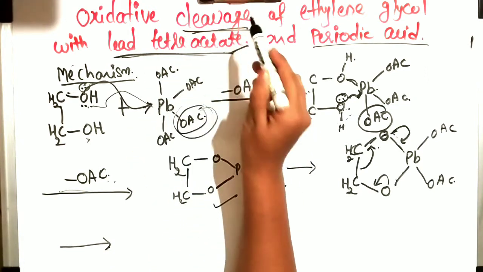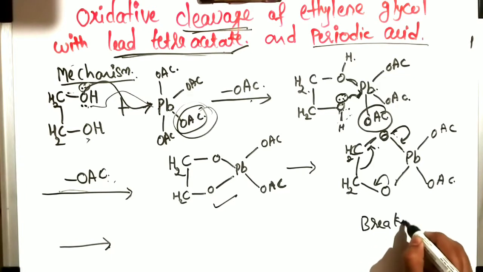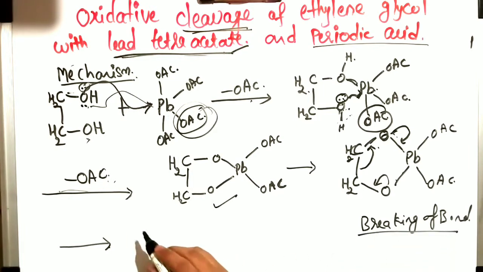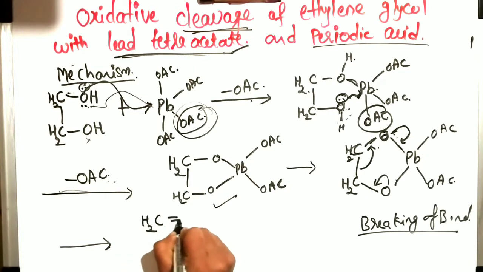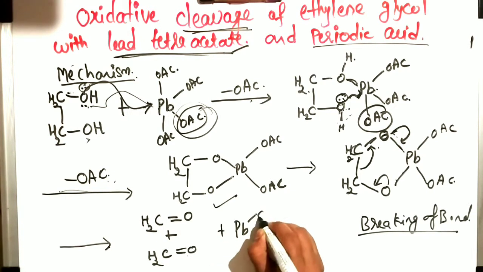Cleavage means breaking of the bond. You have to remember that cleavage means breaking of bond. So what we get here is CH2=O plus CH2=O, two formyl groups, and what remains is lead with the two acetate groups.